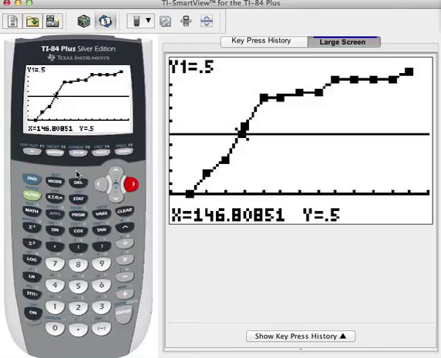So again, this is just an estimate from the ogive, so I don't want to get too crazy here. I would estimate this as a median of, let's see, 146.8. I would offer that that rounds to 147. That's what we were looking for.